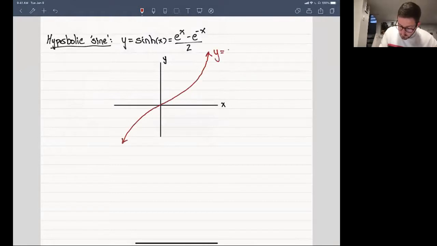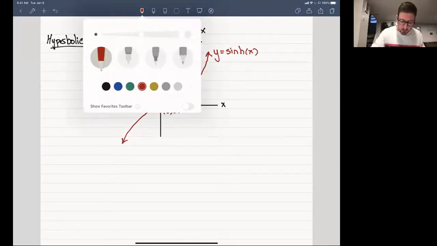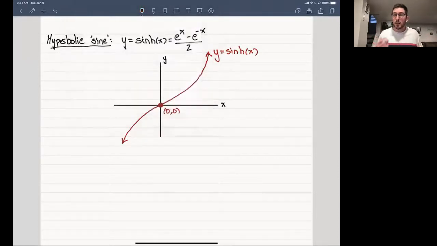Similar to x cubed, this is an odd function. You can check that yourself. It goes through x equal to 0. But now the growth here is exponential. It's not polynomial. So if you put in x equal to 1,000 to x cubed, that number is going to be much smaller than what sinh of 1,000 is equal to.